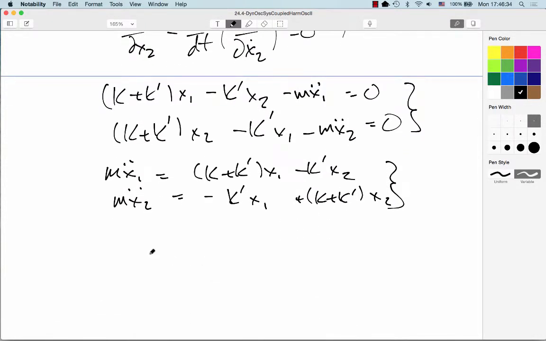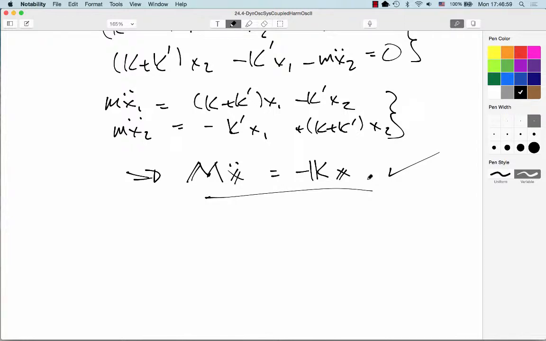So just like before, if we write it back in matrix notation, we wind up getting m times x double dot equals minus k times x. All right, so glad to see that that checks out.